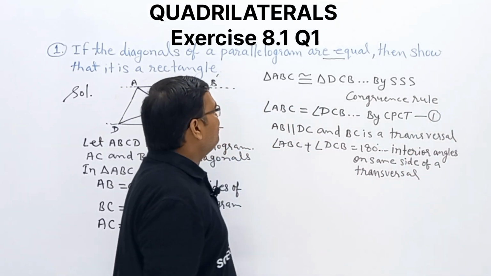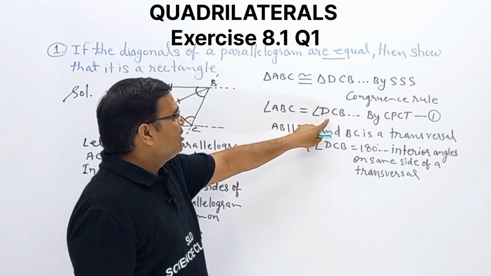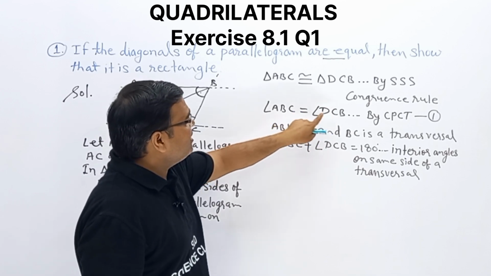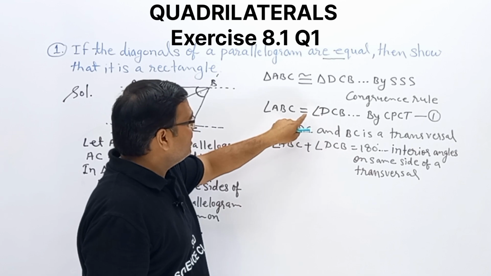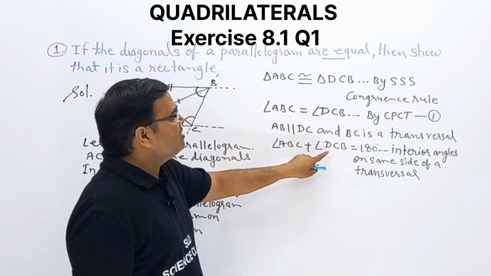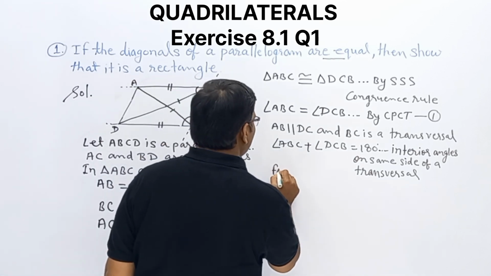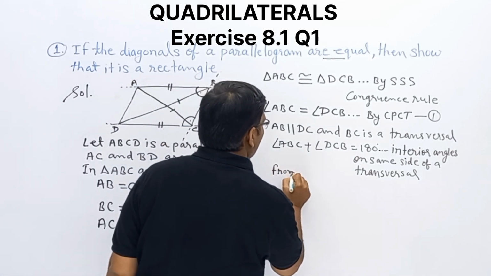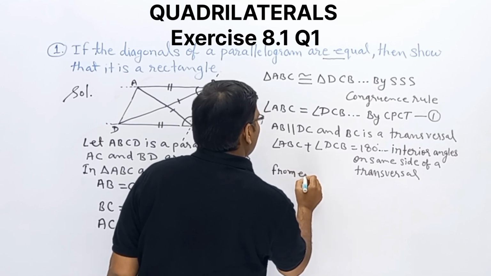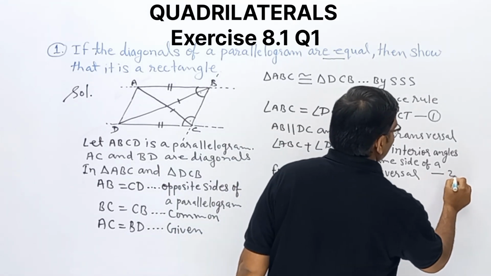From equation 1 we are getting angle ABC equal to angle DBC. So that time we can say angle ABC and DBC both are equal. We will put angle DBC as angle ABC in this equation. From equation 1 and I am taking this one as equation 2.